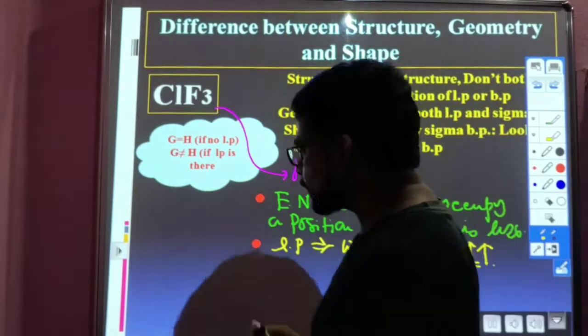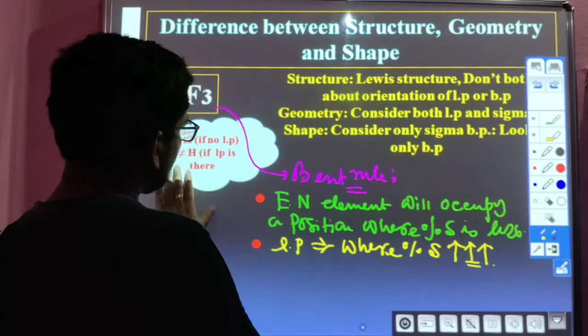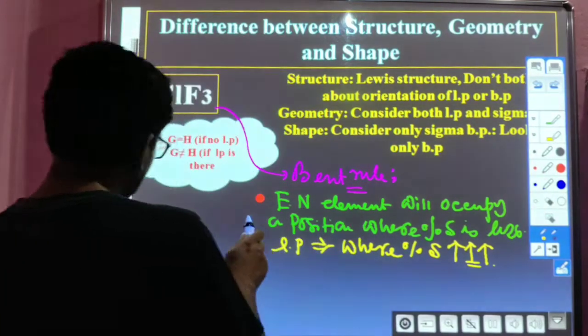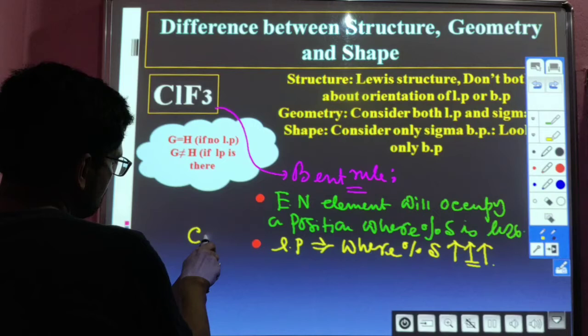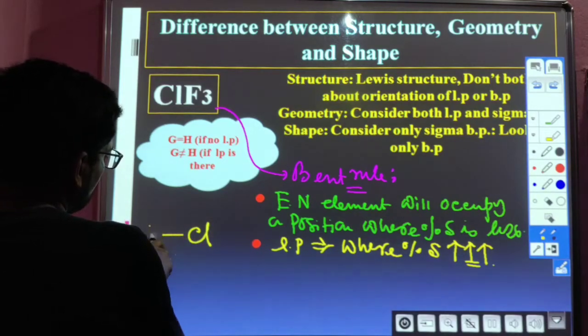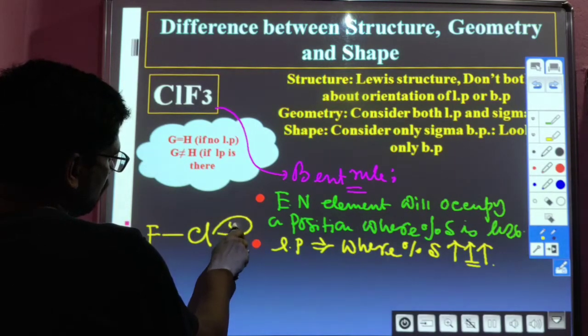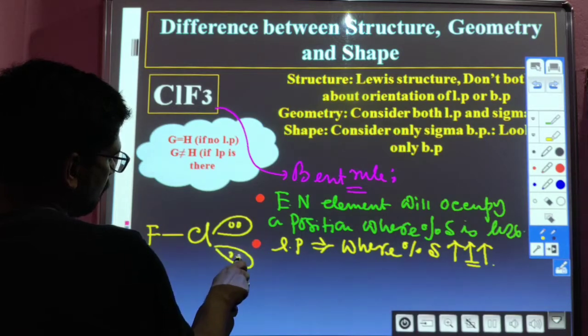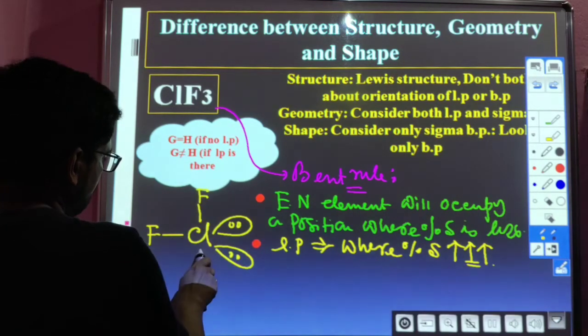So in ClF3, this is the lone pair, this is the bond pair.